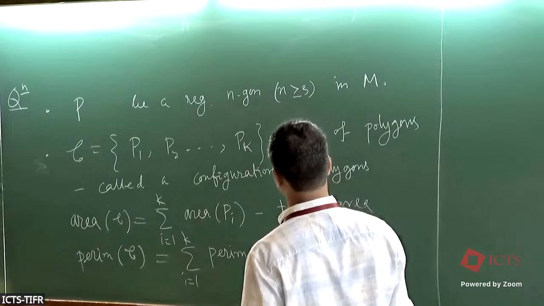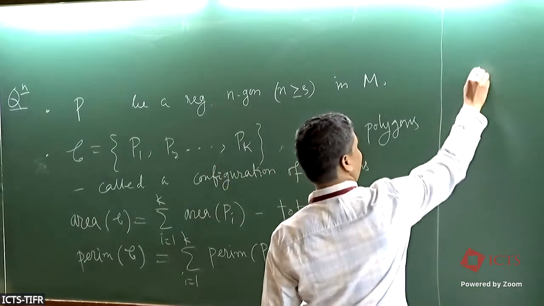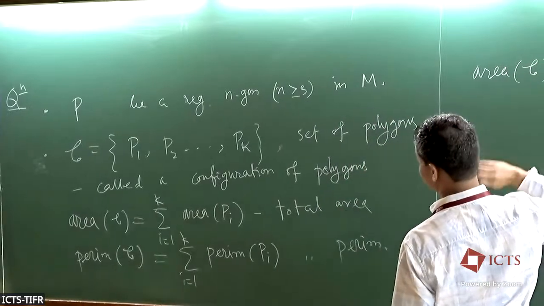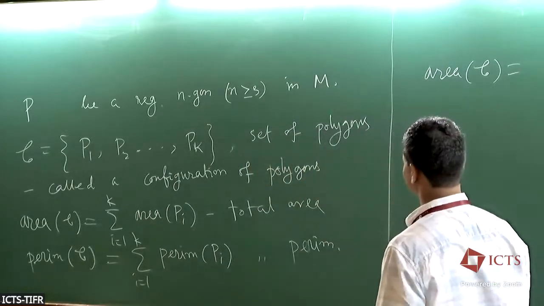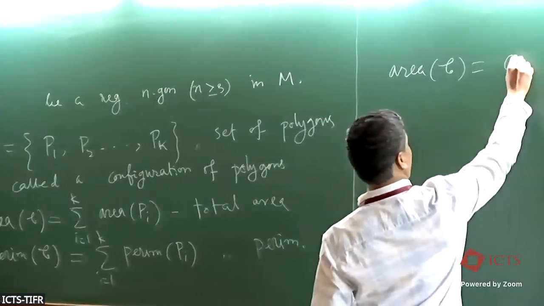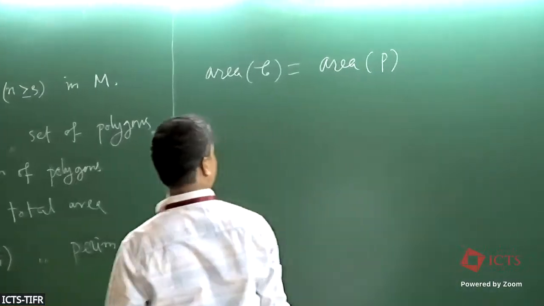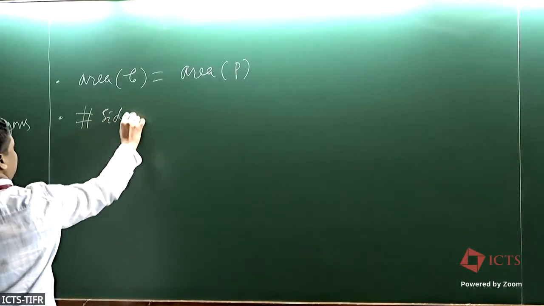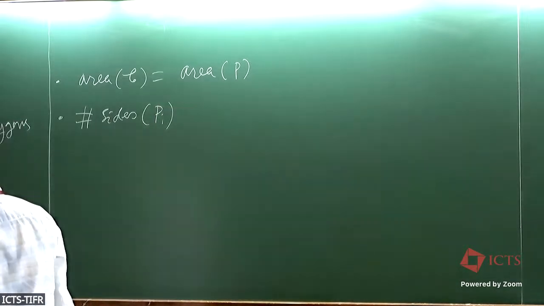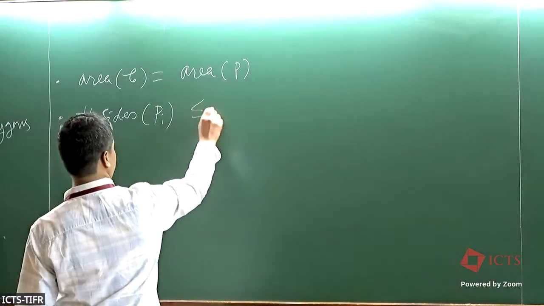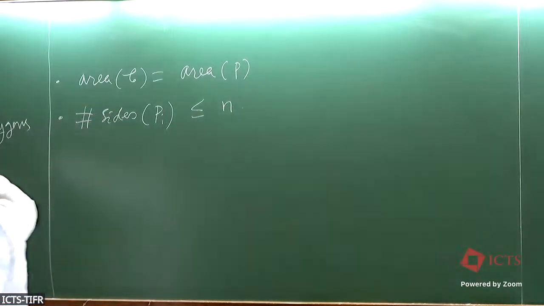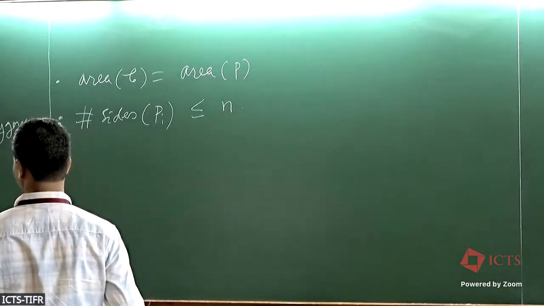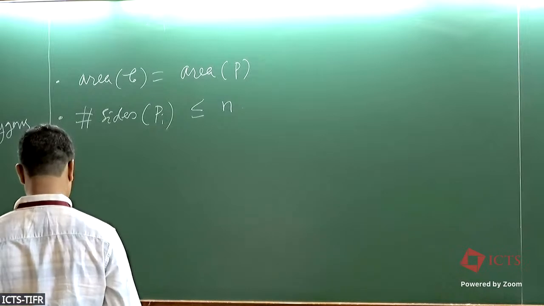So now we suppose that the area of the configuration C, that is, the total area of this configuration of polygons, is equal to the area of P, and the number of sides of each polygon in the configuration C is less than or equal to n, where P is the polygon with n sides.